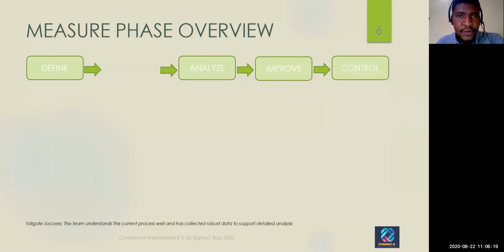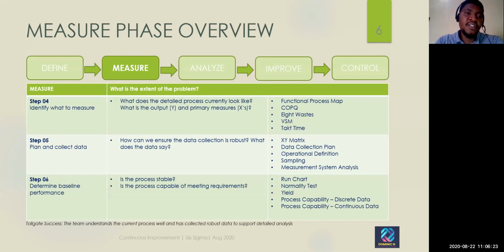But in this study, we are looking at measure phase, just the measure phase. So in this phase, we are looking at identifying what to measure. There are approximately 15 tools here. We won't be able to go through all of them today, but we'll be able to look at some of them. I think important for us is to be able to look at the value stream map in identifying what to measure.